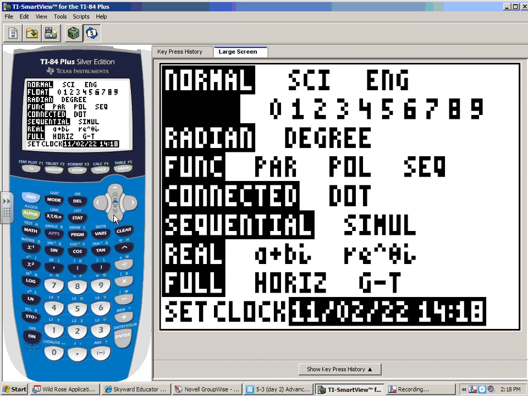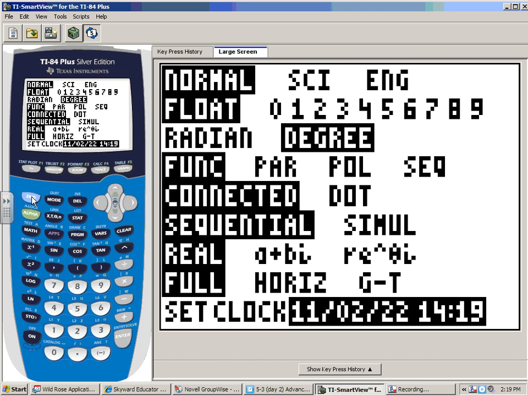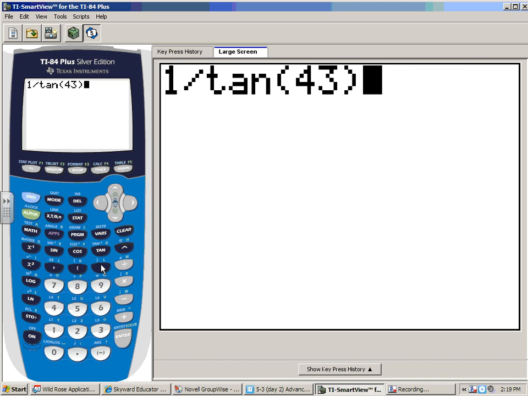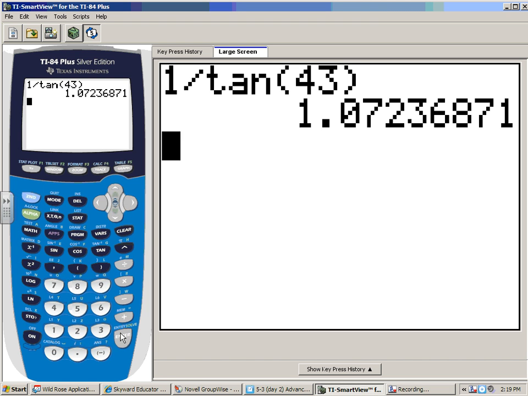And I am not. So 1 over tangent 43. So 1.0724, because it does say nearest 10,000th again.